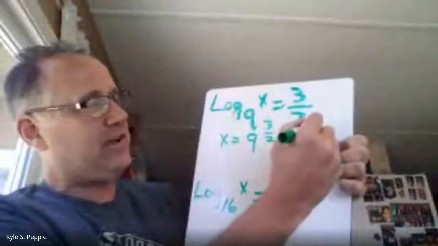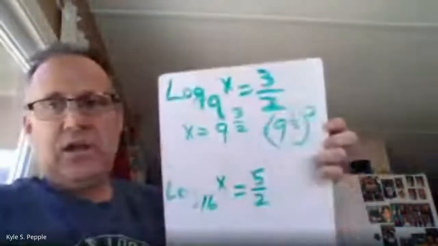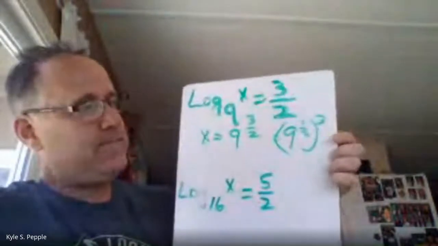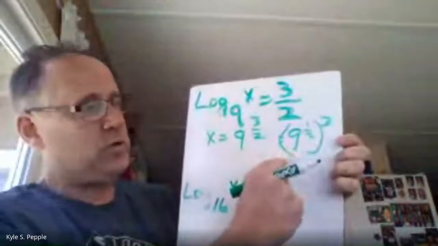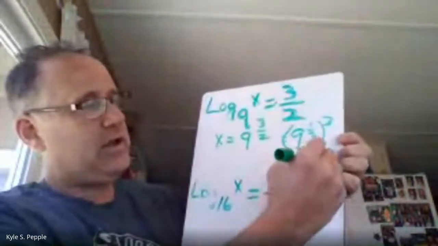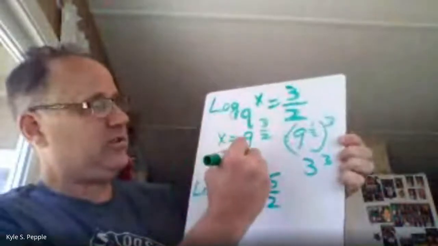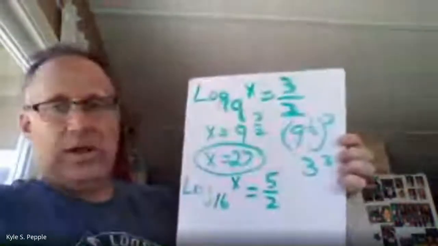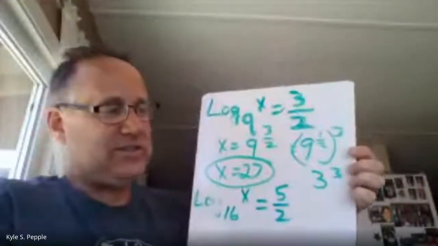It would be 9 to the 1/2 raised to the 3rd power. 9 to the 1/2 is the square root of 9, which would be 3. 3 cubed, x equals 27. That one is guided practice, 1A. All right.